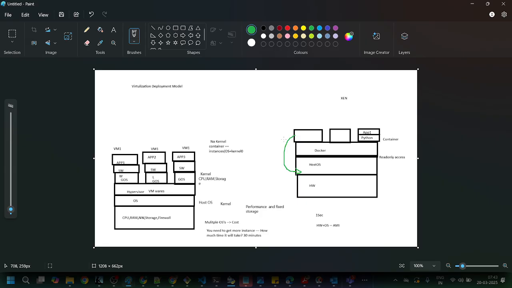So the container will share the kernel. It is a shared kernel between the host OS and the container. The host OS only has the kernel, and it is shared with all these containers. It is a shared kernel.